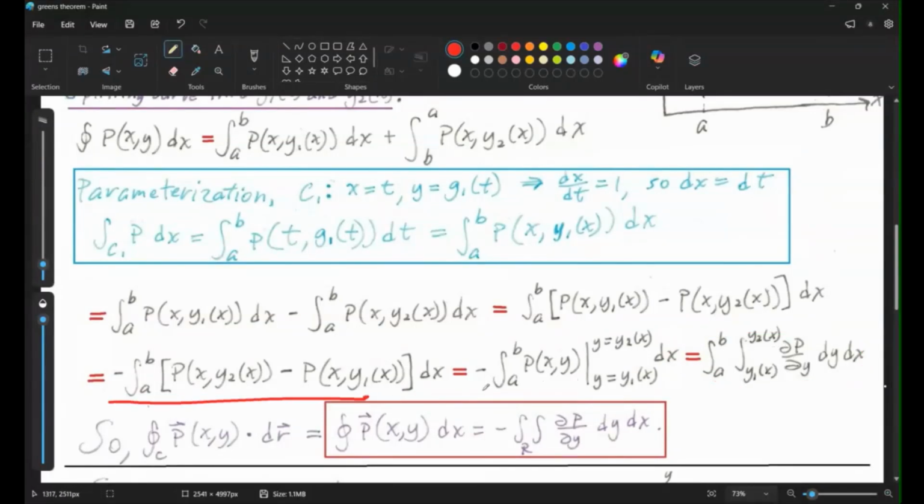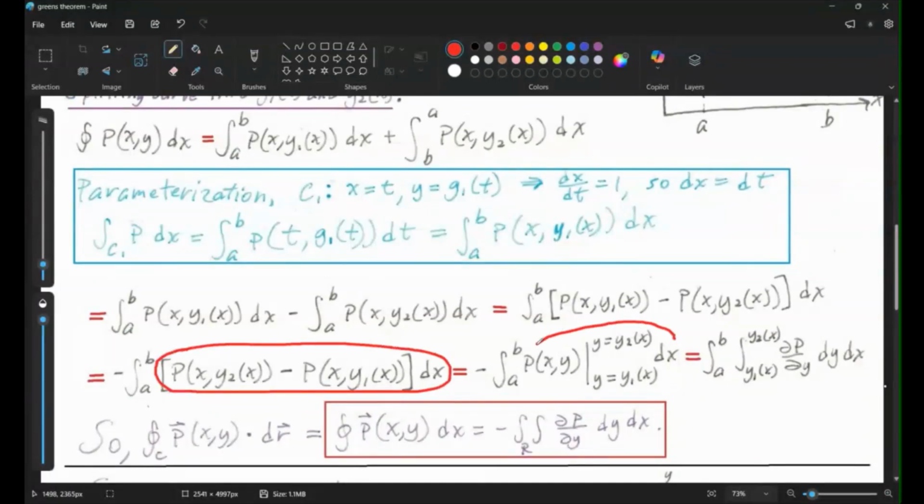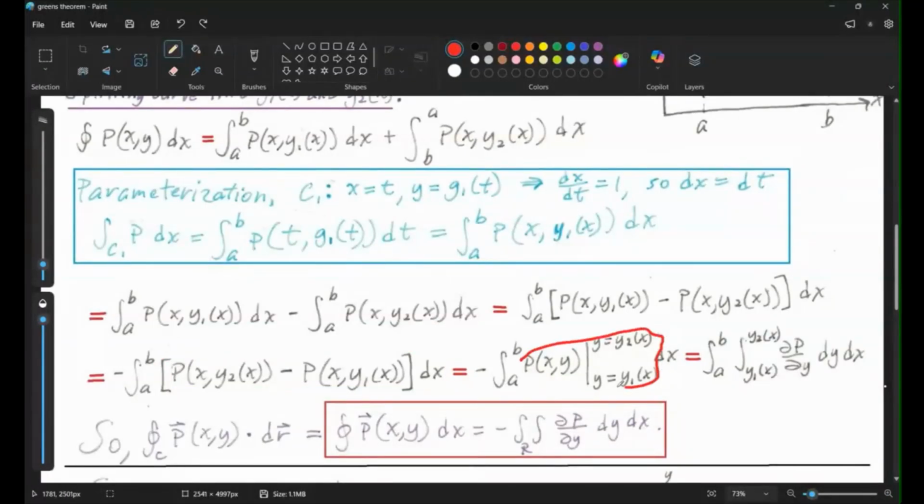To get from here to here, if you think about this, okay, this is this. And it helps to think backwards probably. If you had this, it means nothing more than you have a function, and notice that instead of these, we just have a generic y, because the y2 of x and y1 of x have been put up here.